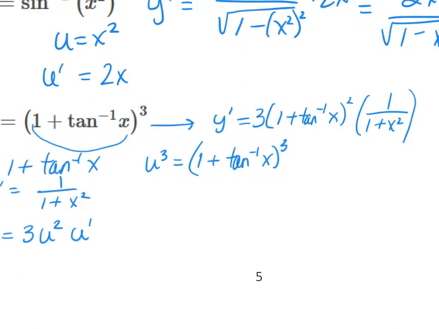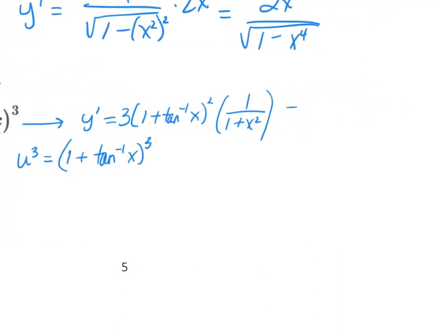This is u prime. So cleaning this up, I get 3, you don't have to multiply it through, 1 plus the tangent inverse of x squared all over 1 plus x squared. You don't have to multiply the 3 through if you don't want to.